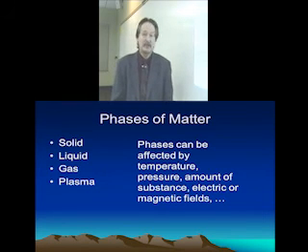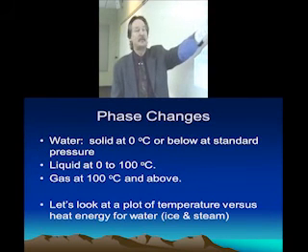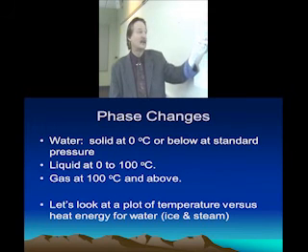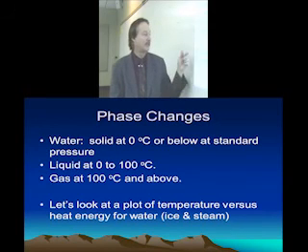We know that, for instance, as I mentioned before, water is solid at 0 degrees or below at standard pressure. We know that it's liquid between 0 and 100, and at 100 or above, it is gaseous. So let's plot temperature versus heat energy for water throughout a regime that will encompass all 3 of these phases.